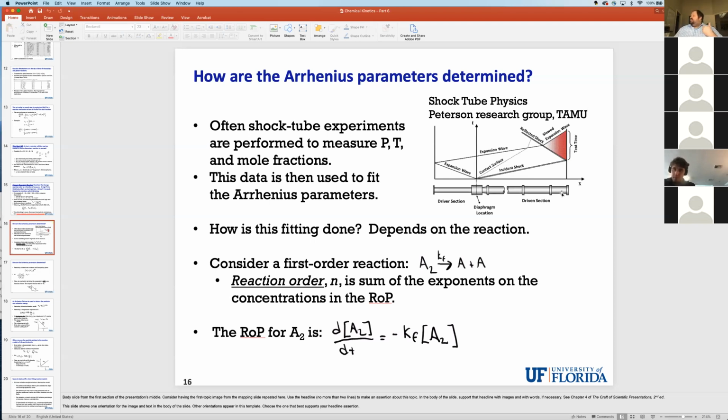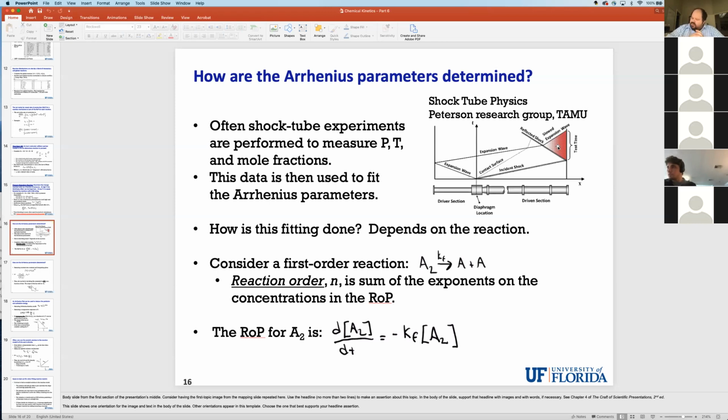And so basically this device, by controlling what gas you fill in the driven section here, and also the ratio of the temperatures and pressures in the driver and driven sections, within a range, they have very fine control over the pressure and temperature at which they can monitor the progress of a reaction.